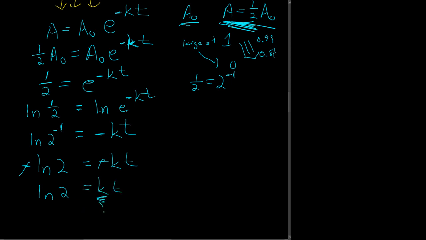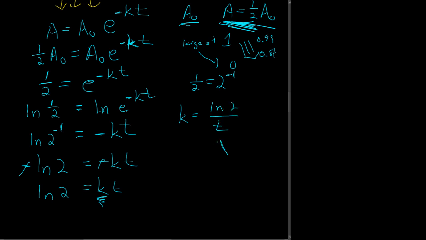Well, k is the thing I don't know. So I'm going to divide both sides by k. Whoops. K is the thing I don't know. Solve for k. K is equal to ln2 over t.